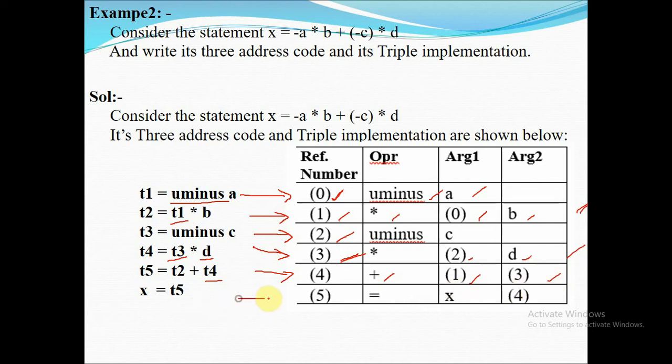Next, the final statement, x equal to T5. So reference number 4 is there, as you will see, as a sequence serial number. Next, the operator is equal to, and here equal to must be taken as an assignment operator. So here the result will be x always.